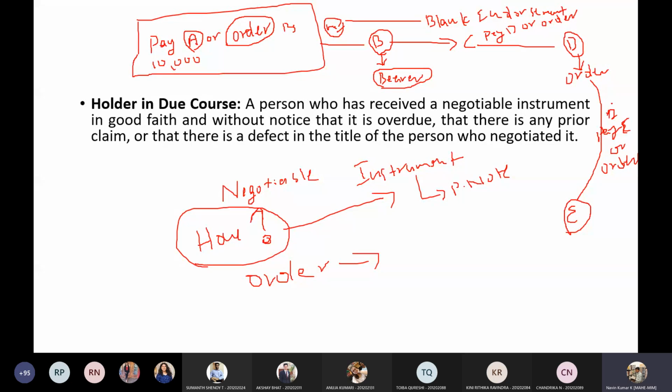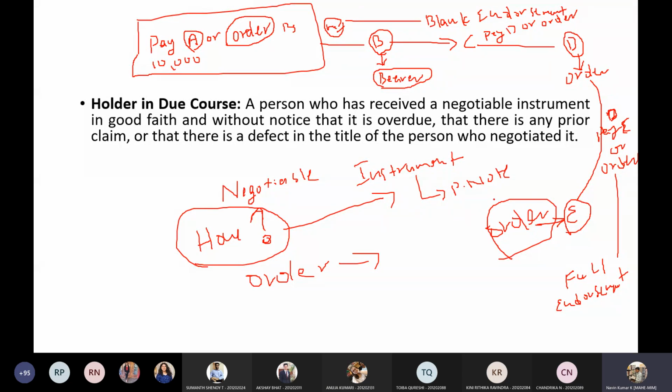If D, along with the signature, writes pay E or order, this becomes a full endorsement. Now, is the instrument in the hands of E an order instrument or bearer instrument? Order instrument, to be simple.